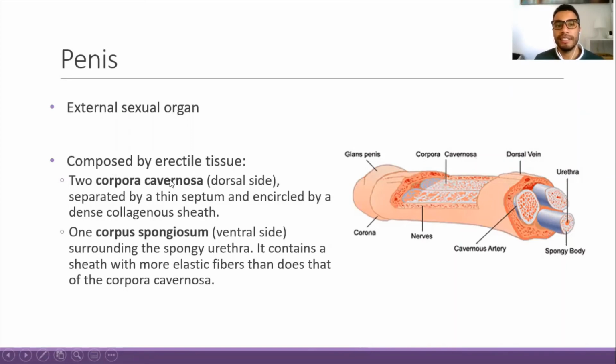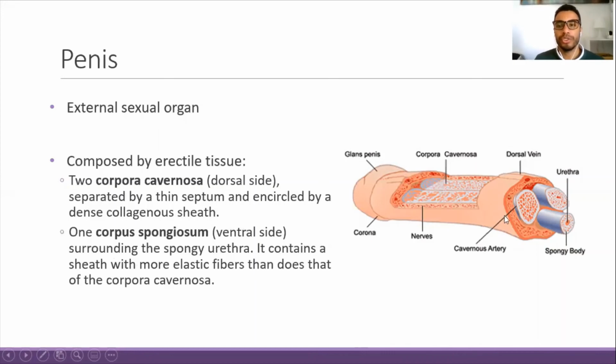In singular, this is corpus cavernosum, but as there are two, the plural nomenclature is corpora cavernosa. They are located in the dorsal side of the penis, separated by a thin septum in between, and encircled by a dense collagenous sheath, okay, on both sides. And the corpus spongiosum is only one, okay?